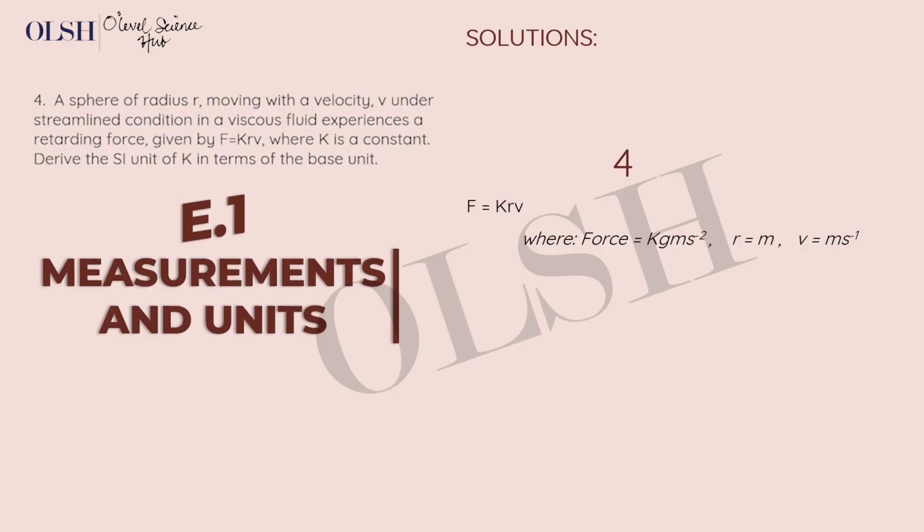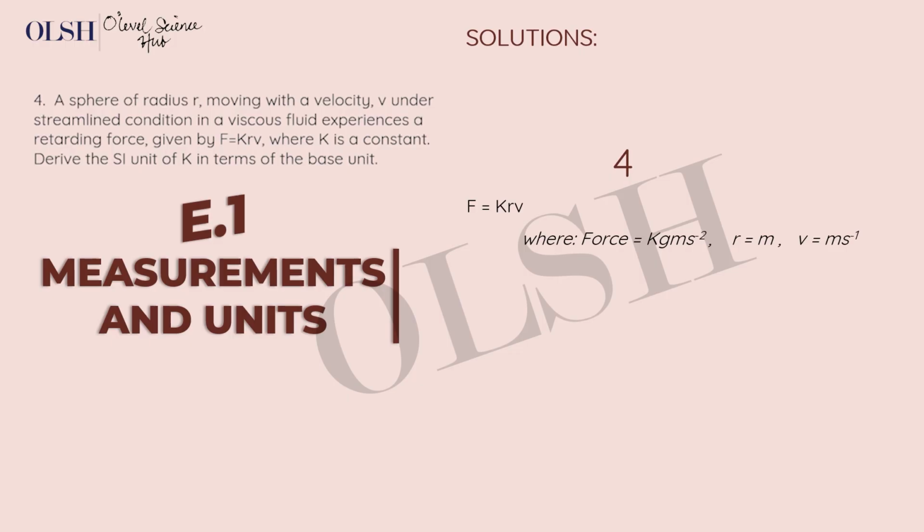Then we have the unit for r and the unit for v. We know force is kilogram meters per second squared. We know r is radius, which has the unit meters, and we know that v is velocity, whose unit is meters per second.